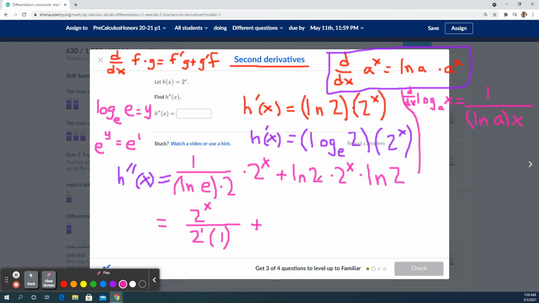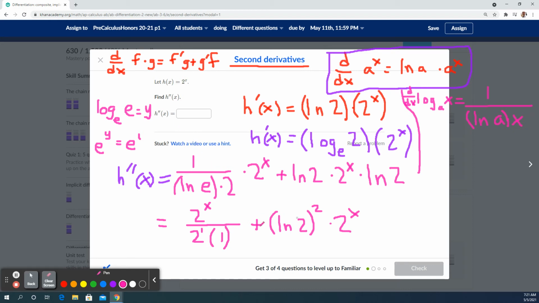All right. And then got all that, plus we got natural log of 2 times natural log of 2. So that's ln of 2 squared times 2 to the x. Things that jump out at me? I'm not so sure.